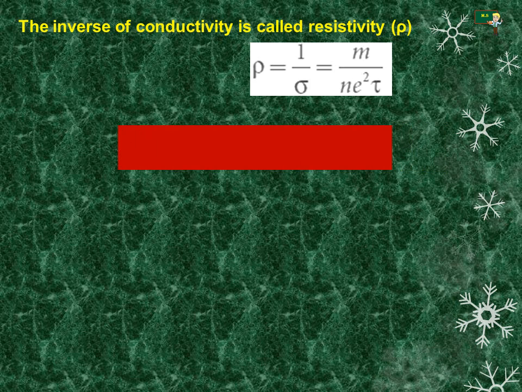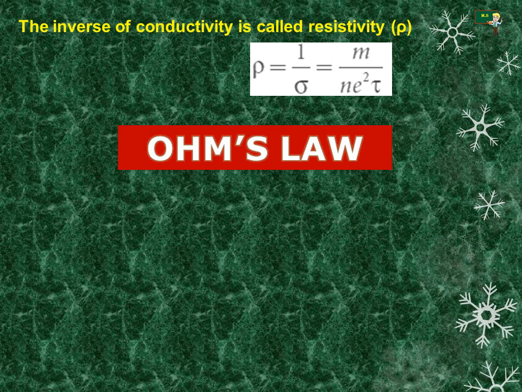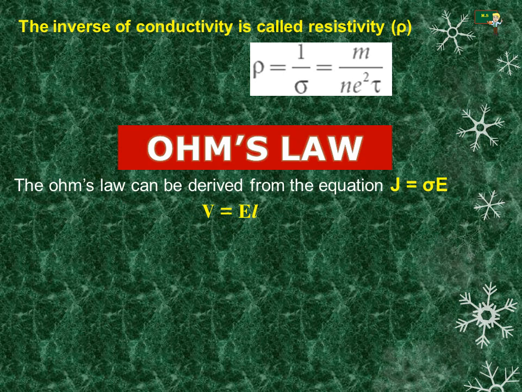Now let's move to the important law, which is Ohm's law. Remember students, the very important law in this chapter is Ohm's law. Consider a segment of wire of length L and cross sectional area A. Ohm's law can be derived from the equation J is equal to sigma into E. When a potential difference V is applied across the wire, the net electric field is created in the wire, which constitutes the current.